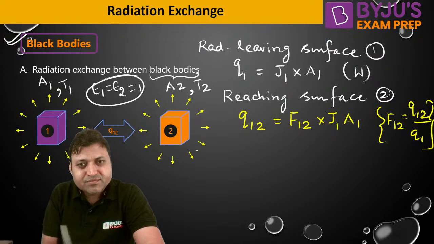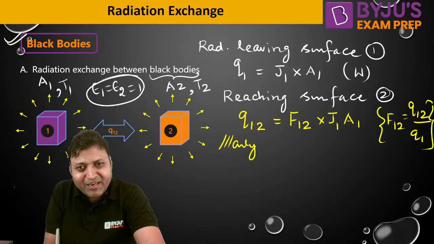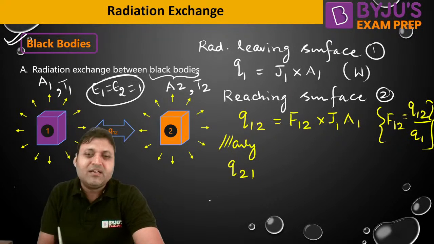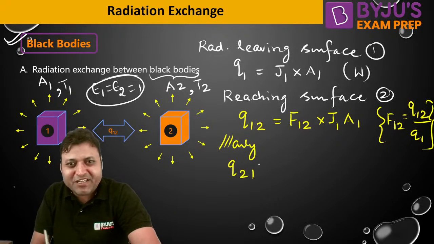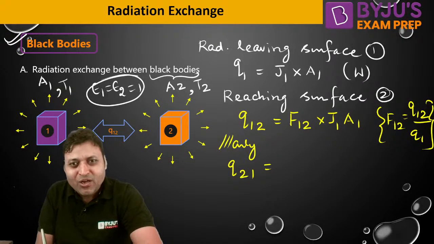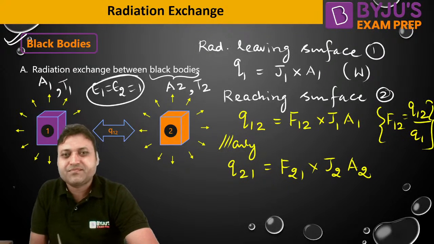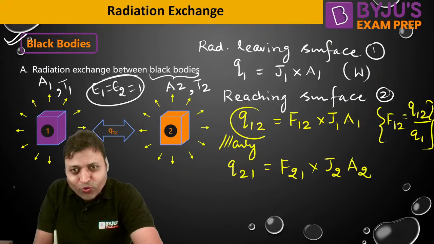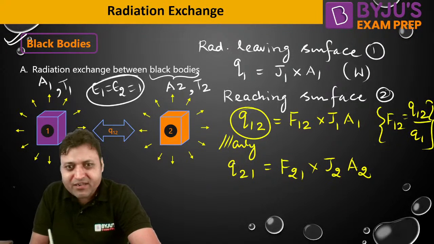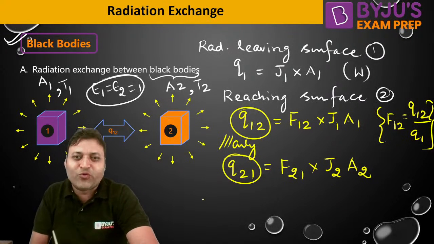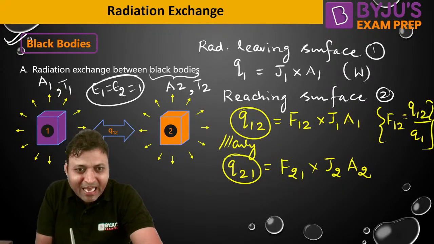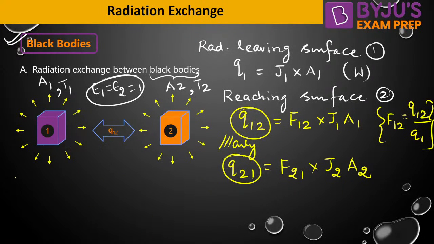Similarly, Q2 to 1, the amount of radiation leaving the surface 2 and reaching 1, will be equal to F2 to 1 into J2 into A2. Do you agree or not? So Q1 to 2 is F1 to 2 J1 A1 and Q2 to 1 is F2 to 1 into J2 into A2. Now if we talk about the net radiation heat transfer.